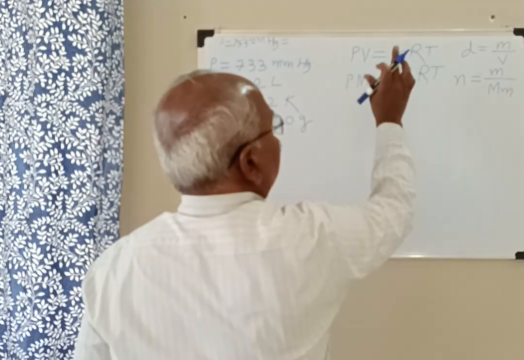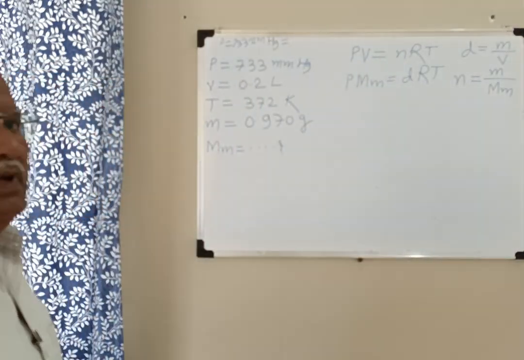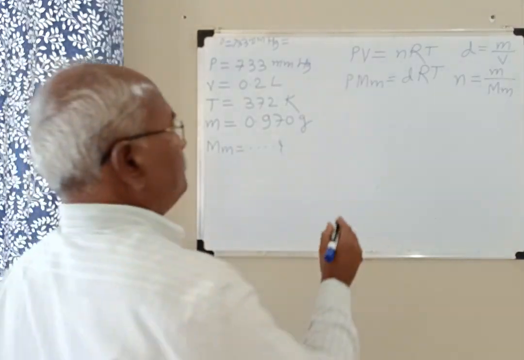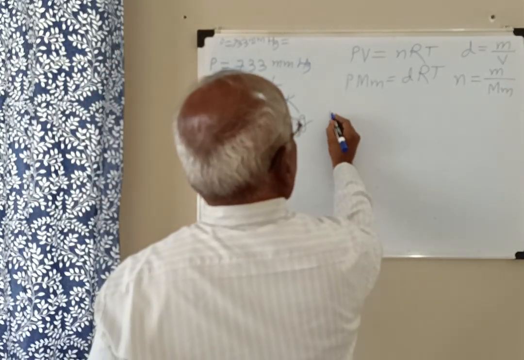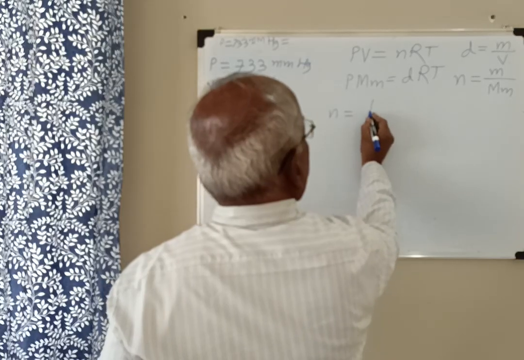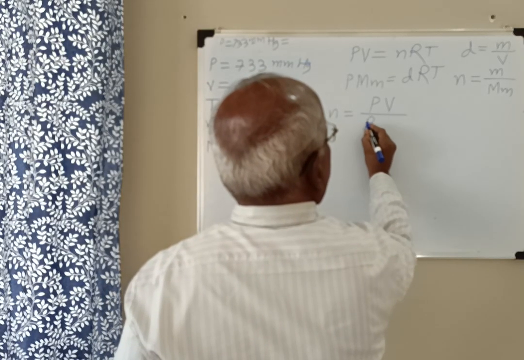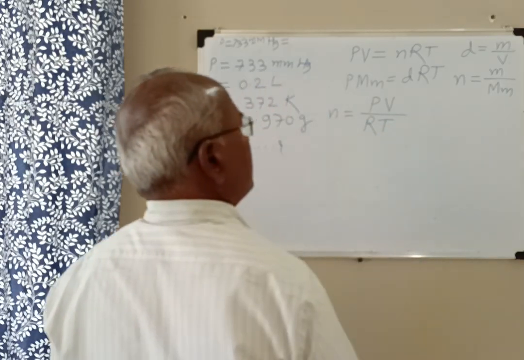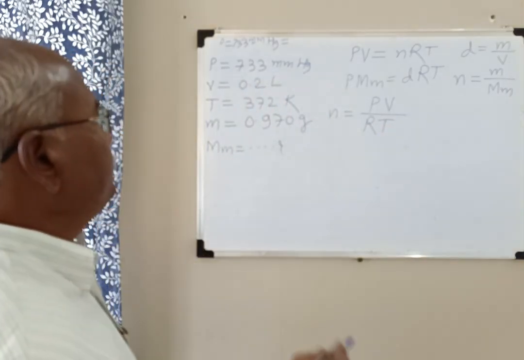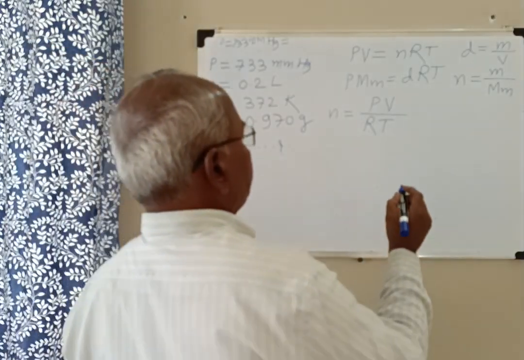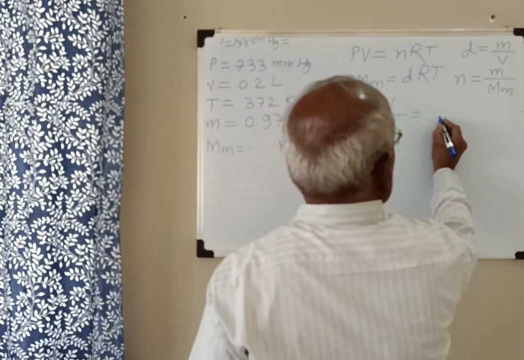PV is equal to nRT. Solve this problem for n. n is equal to P into V divided by RT. Substitute the values.